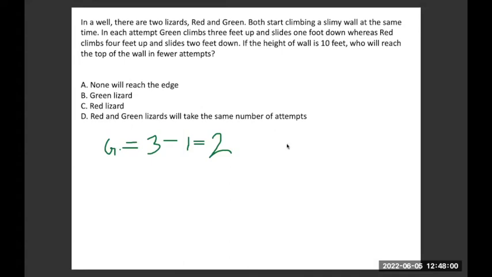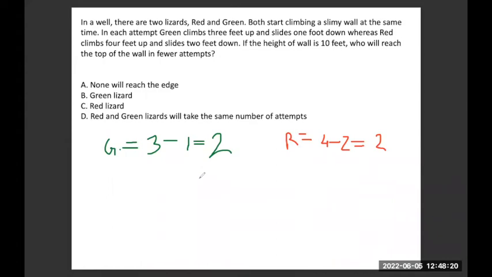The red lizard climbs 4 feet, falls down 2 feet. The effective total is 2 feet. The effective distance traversed is 2 feet for both of them.